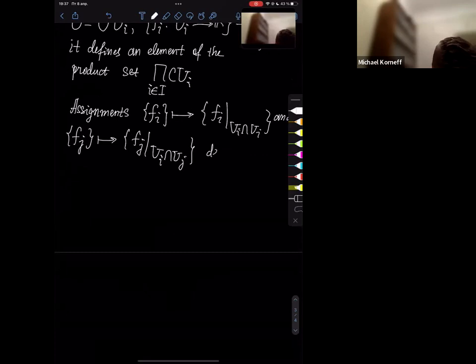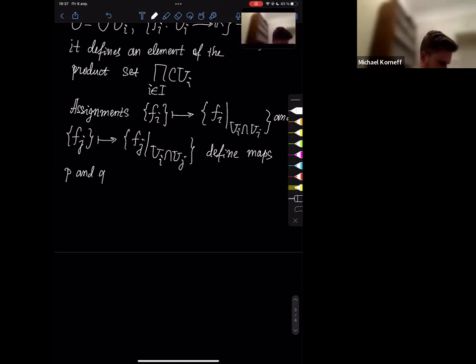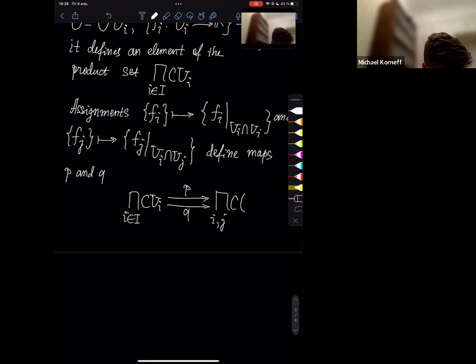Define maps P and Q such that we have the following equalizer diagram: C(U), product over C(U_i), to, by means of P and by means of Q, the products of C of intersections U_i and U_j.